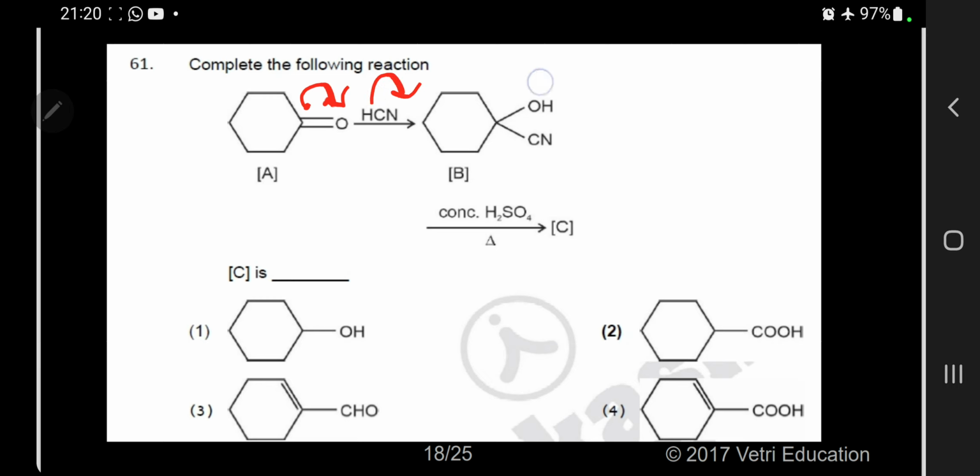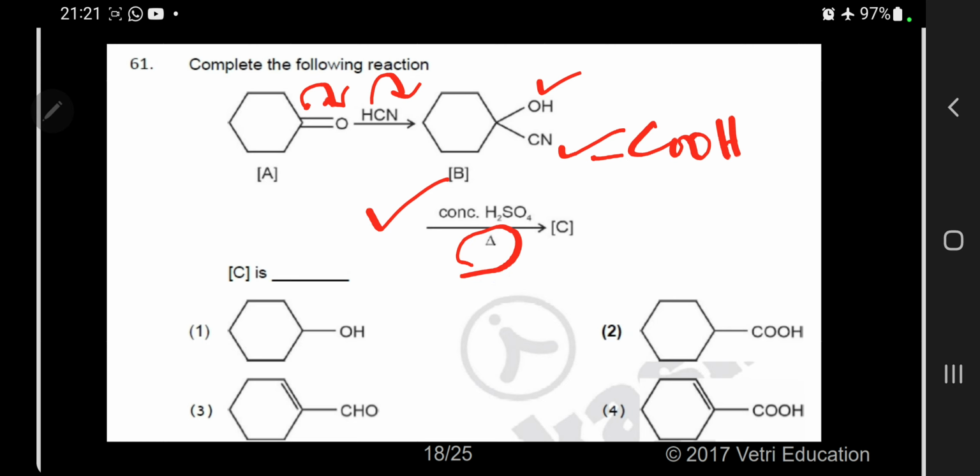So H will go to OH and CN will go to this carbon. This is the product. Then we are treating with concentrated sulfuric acid. The cyanide will be converted into acid. Okay. Then on action of heat, what will happen? The carbon dioxide will be eliminated. This will be converted into H. So the compound formed is nothing but number 1.